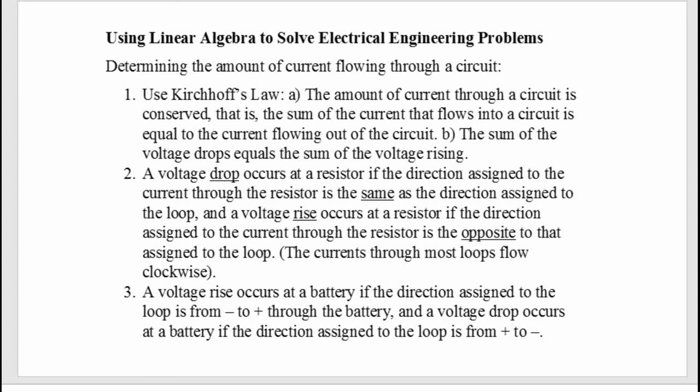Points 2 and 3 are somewhat already worked for you with these problems in this particular book. In the previous book, it was not the case, so you had to actually determine the signs of the voltage drop or the voltage rise, and also determine the sign with respect to the resistor, if it was positive or negative. But basically, the resistors do exactly what they do.